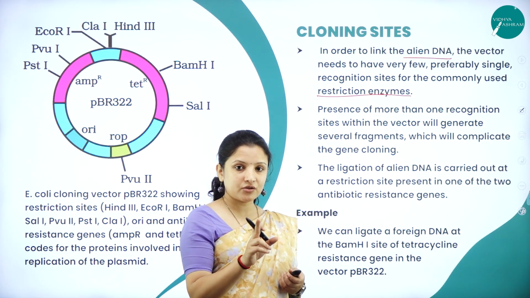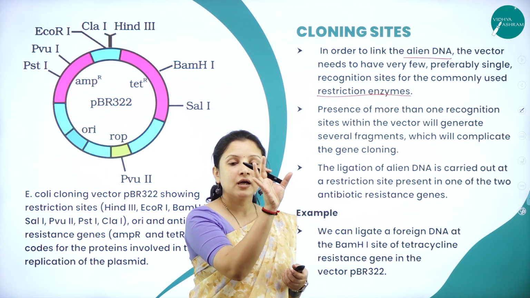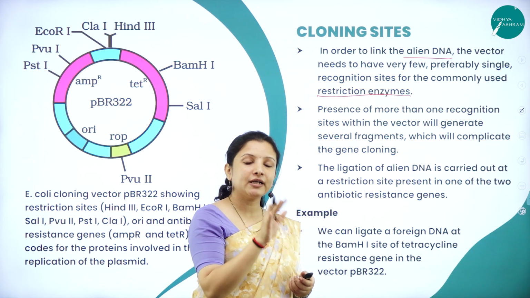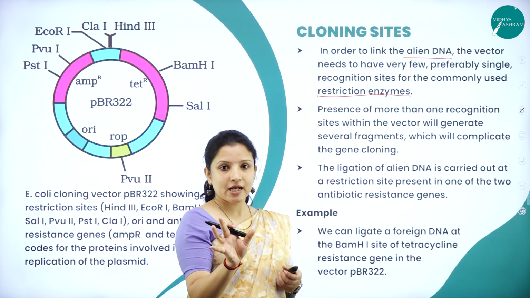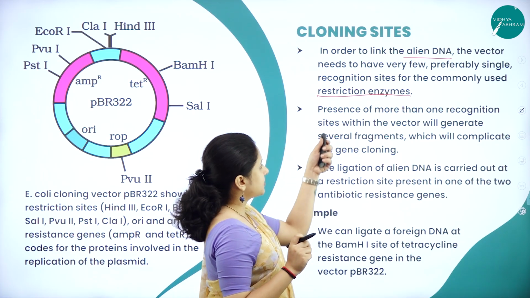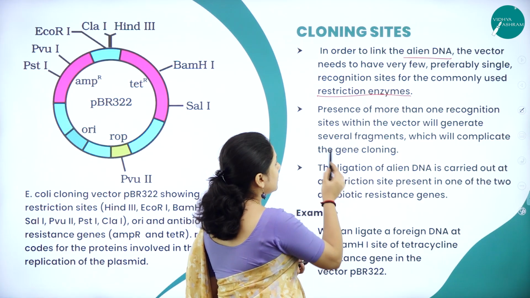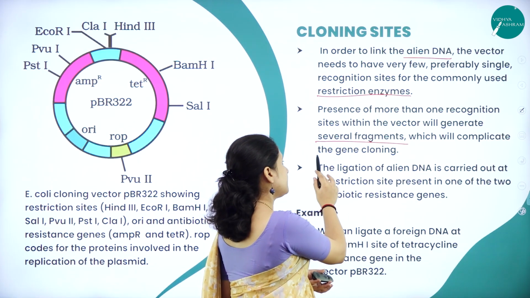We have to concentrate on that particular cloning site which is capable of allowing the restriction enzyme to go and bind there, making space for the foreign DNA to come and bind there. So the presence of more than one recognition site within the vector will result in several fragments, which will complicate the process of gene cloning.